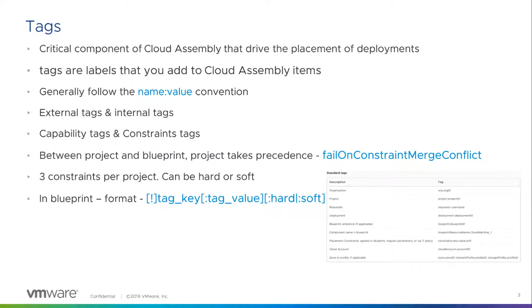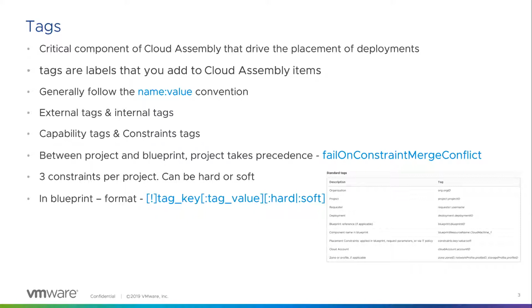And sometimes, since you have tag types defined as hard or soft tags, if it's not hard defined, if it's a soft tag, that means if there's a conflict, the project takes precedence and the deployment still happens. If you don't want that to happen, then you can define fail on constraint merge conflict. That particular parameter will not let the deployment happen.